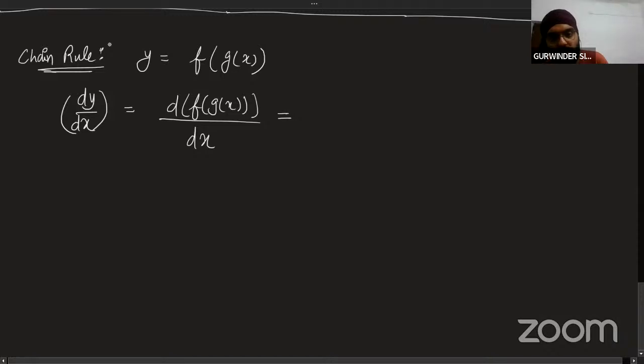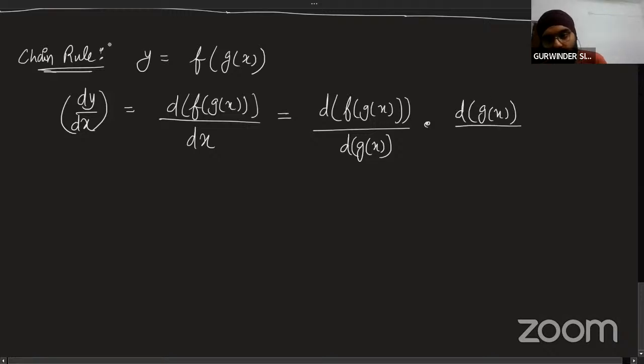So it can be written as d f of g of x divided by d g of x, multiplied by d g of x divided by dx, because these two terms will get cancelled. That is how it works.